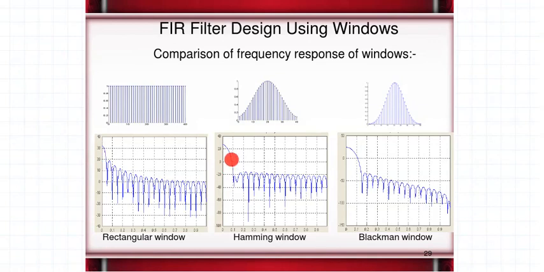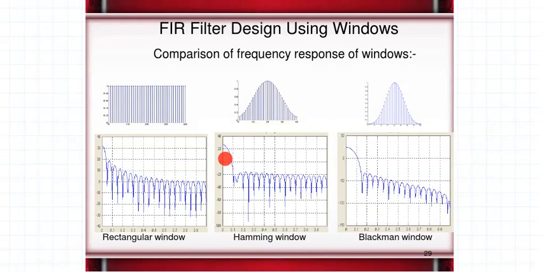Whereas if we go for the Hamming window or Blackman window, as the width of the main lobe is wider, you could see here that the width of the main lobe is wider, and that affects the transition width. The broader the main lobe, the broader the transition width. Broader transition width means we won't get sharp cutoff characteristics.